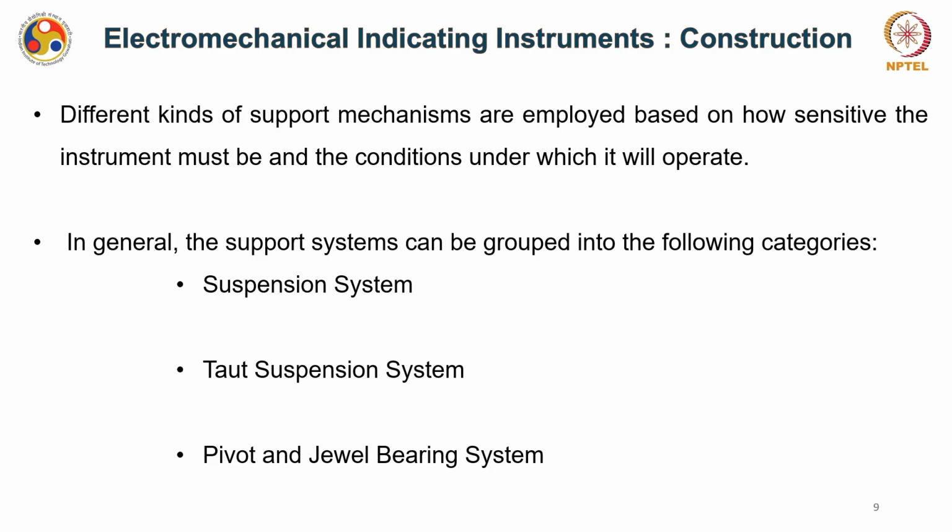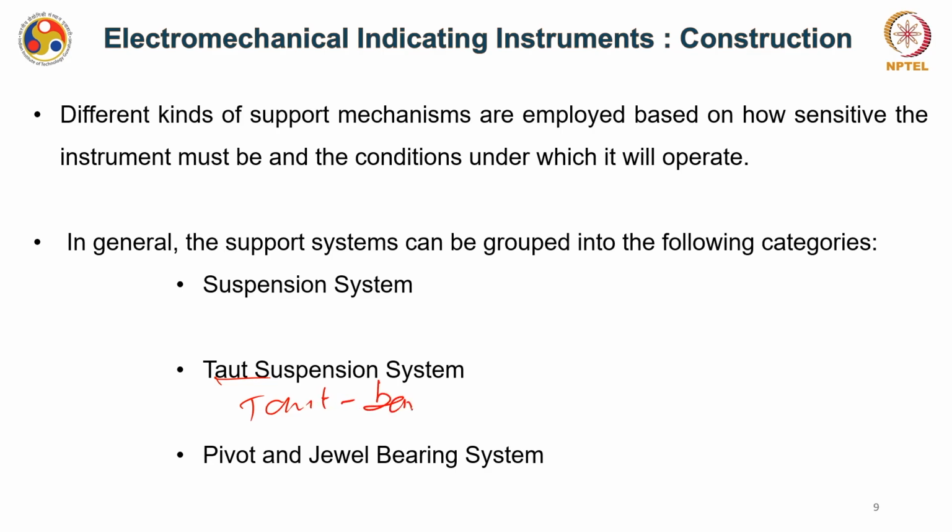The first is the suspension system. Second is the pivot and jewel bearing system. So the suspension system and the pivot and jewel bearing system are kind of complementary to each other. Then we have an altogether different kind of suspension system, which is known as the taut suspension system, or sometimes the taut band suspension system. Okay.